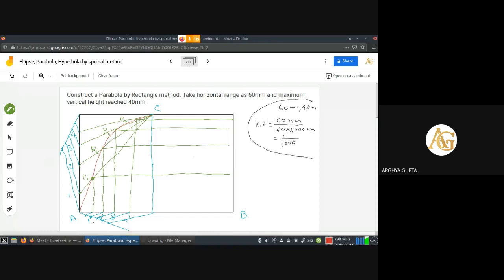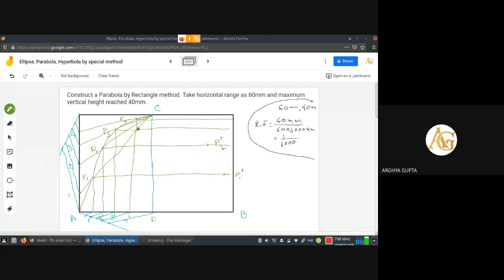Again, take the measurement of P1 from the vertical line CD, cut the measurement here and name the point P1 dash. Then take the length of P2 from the line CD, cut it here. It is P2 dash.